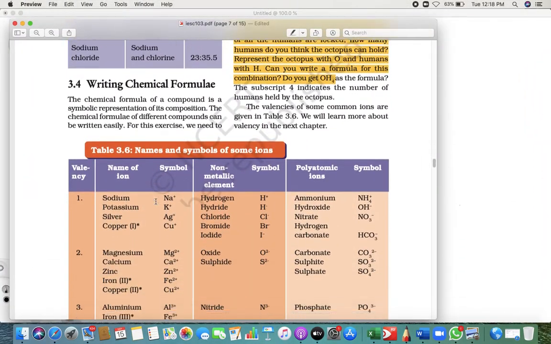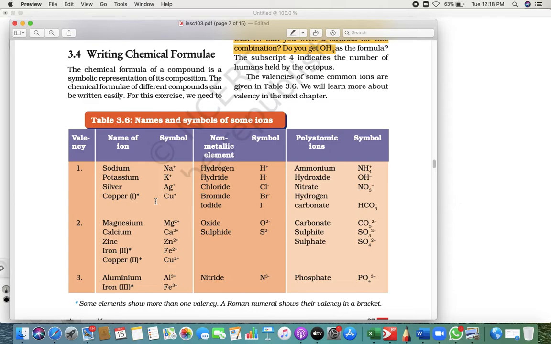So let's see here. For example, in this table, if you see, it has Na, sodium. Sodium has +1, K has +1, Li. So these are the elements which are ready to give 1 electron. Now hydrogen and hydride. So H can give 1 electron and fill its orbit, or it can take 1 electron and also complete its orbit, right? Chlorine 1, bromine 1.